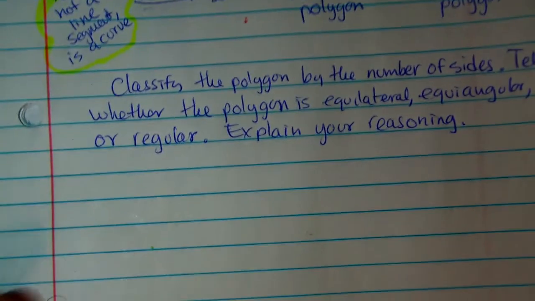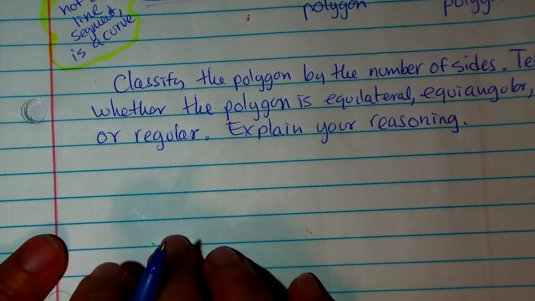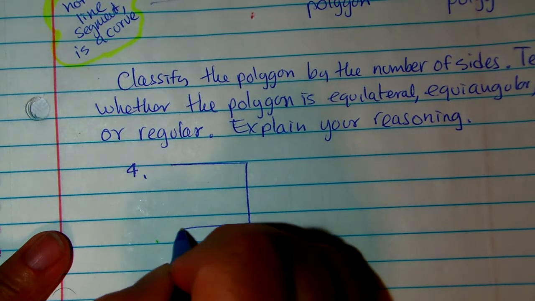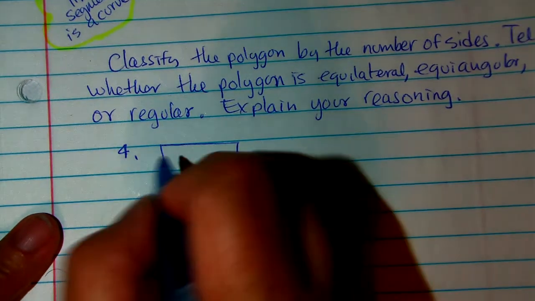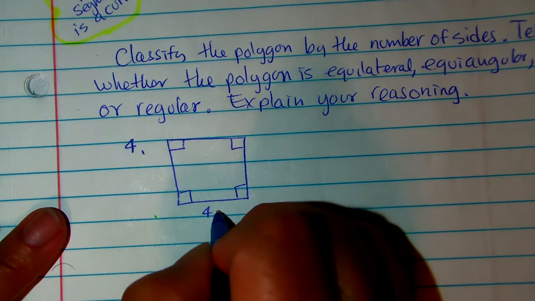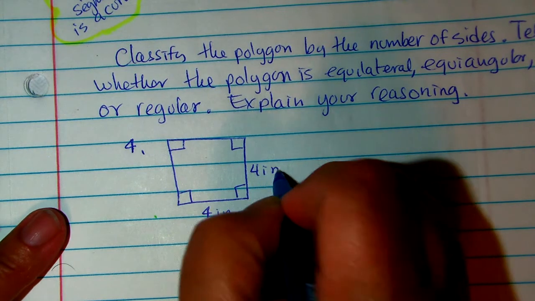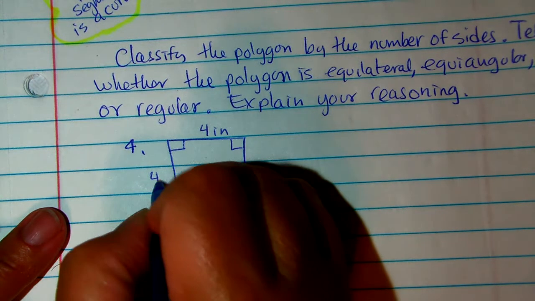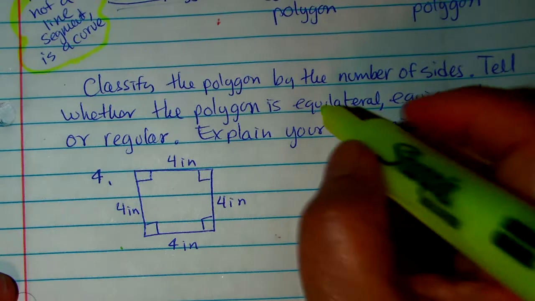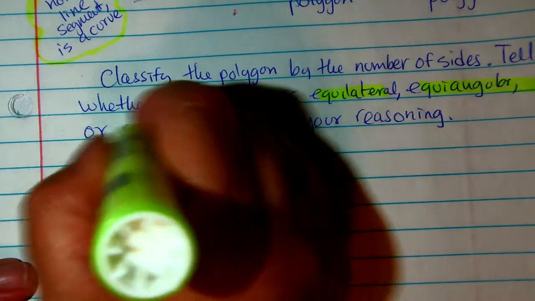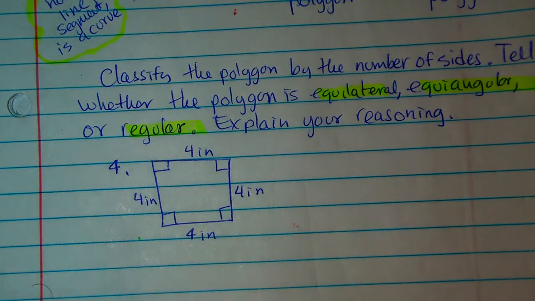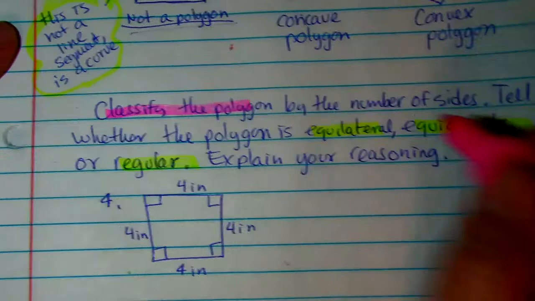I'm going to do only, well, number 4 is very easy. Number 4, we have this. They're giving us these symbols and these measurements: 4 inches, 4 inches, 4 inches, 4 inches. Based on this definition, we have to say whether the polygon is equilateral, equiangular, or regular, and also classify the polygon by the number of sides.